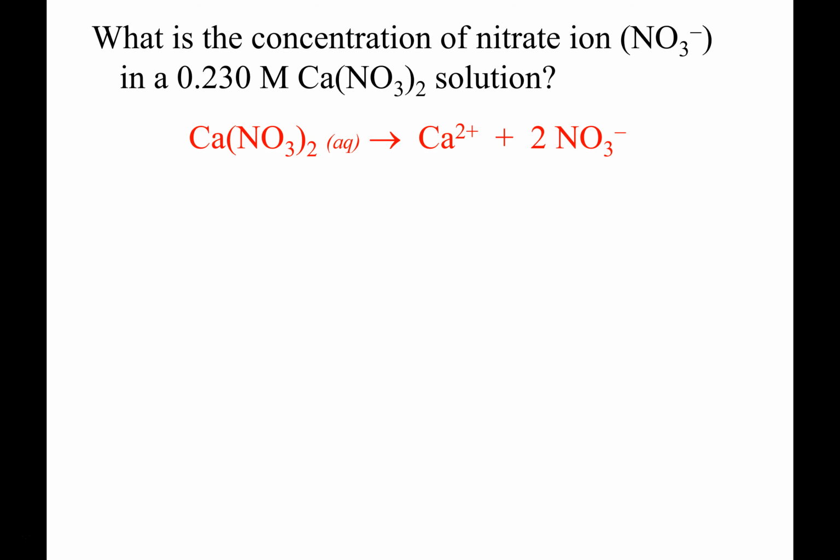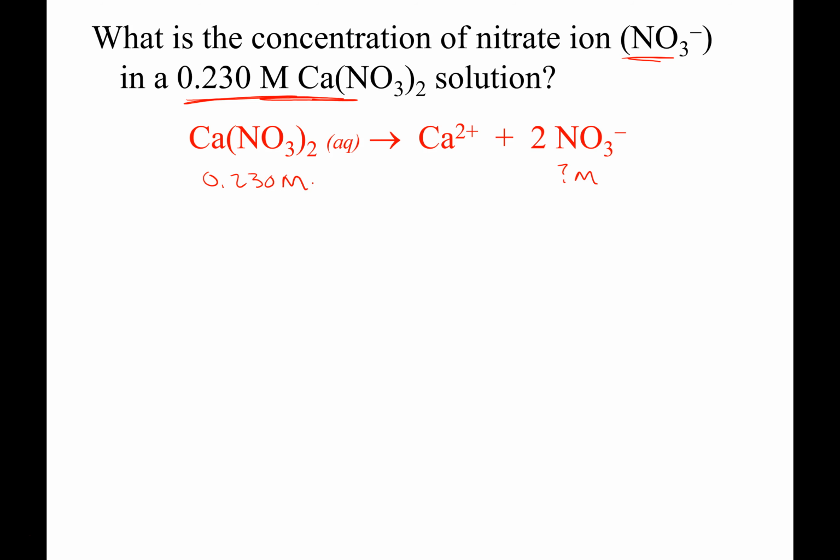Now a problem we can do with this sort of dissolving process looks like this. What is the molar concentration of the nitrate ion, given that the concentration of the salt, the calcium nitrate we dissolved, is 0.230 molar?